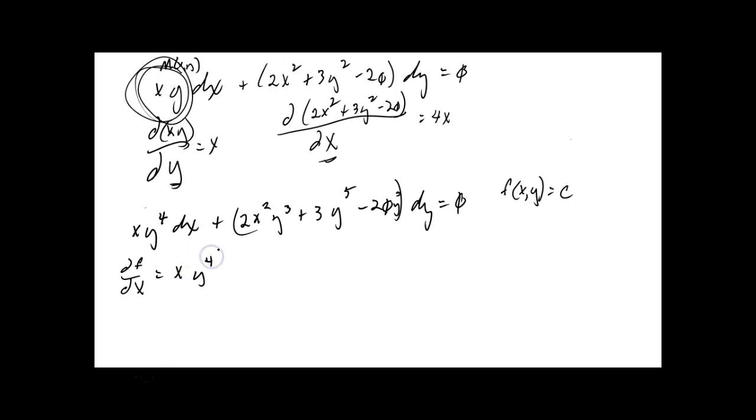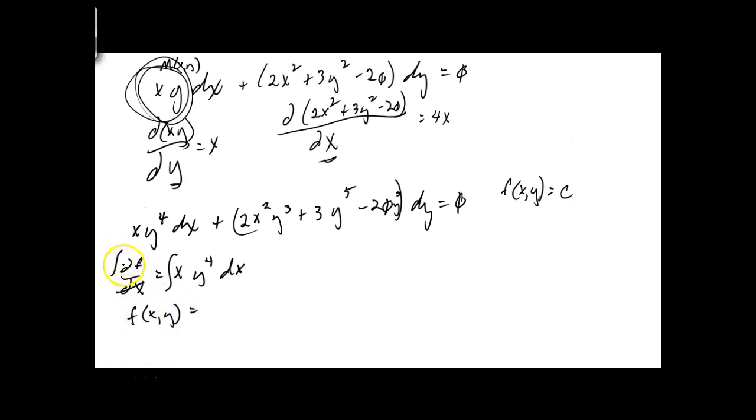So this thing right here should be the partial of f with respect to x is equal to x y to the fourth. Okay? So let's multiply both sides by dx, which is not quite legal, but we're going to do it. Change the d to the delta. I mean, it's all sorts of math rules we're breaking here. Integrate both sides with respect to x. This gives us f of x and y.